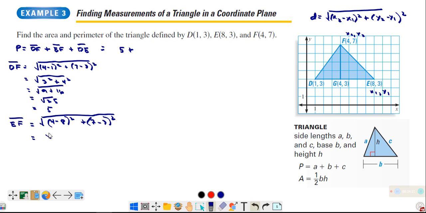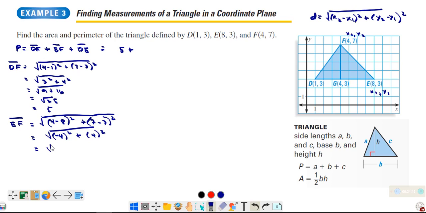You will end up with 4 minus 8 is negative 4 squared. And 7 minus 3 is also 4 squared.